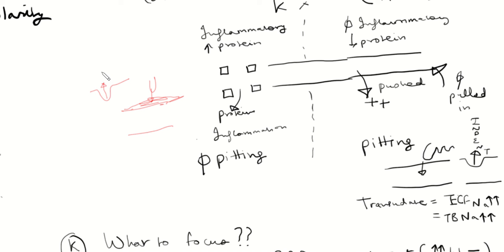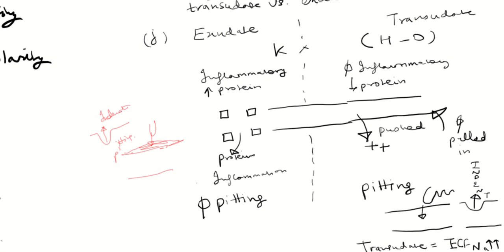It's not going to come back immediately. It's going to take some time coming back up, and there's going to be an indentation. This is called pitting. Now, with the exudate kind of edema, there's no pitting.